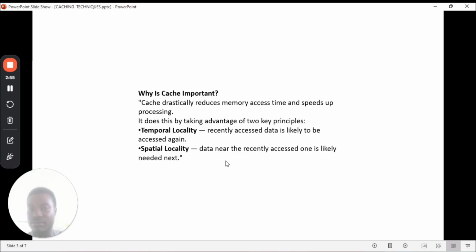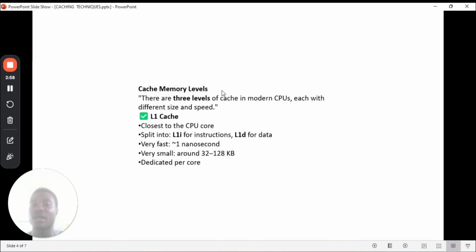Cache memory has its own levels. There are three levels of cache memory in a modern CPU: the first level, the second level, and the third level. The first level is closest to the CPU core. It's split into L1I for instructions and L1D for data.